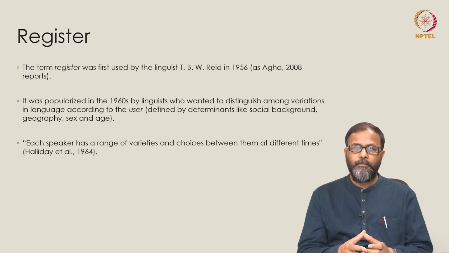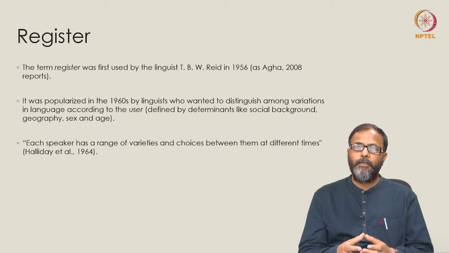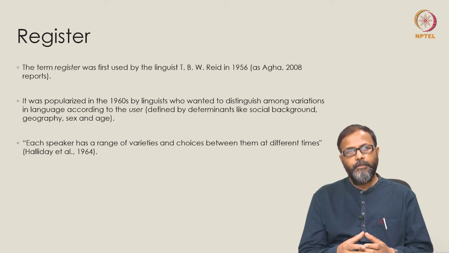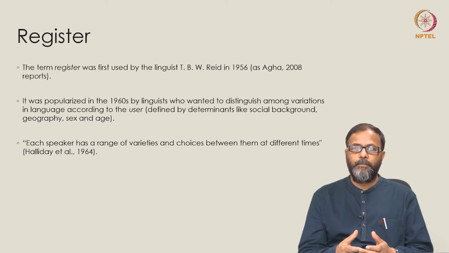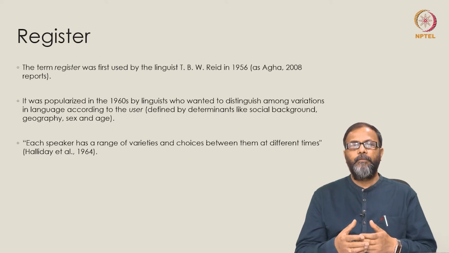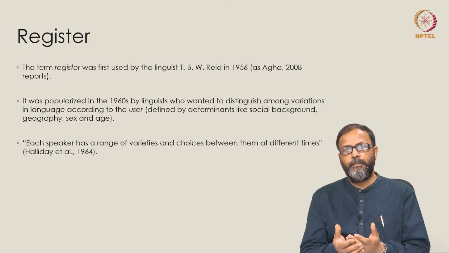So, this term register was first used by T.W. Reed in 1956 and it was later popularized by many linguists who were working on language variations, in the variationist tradition.